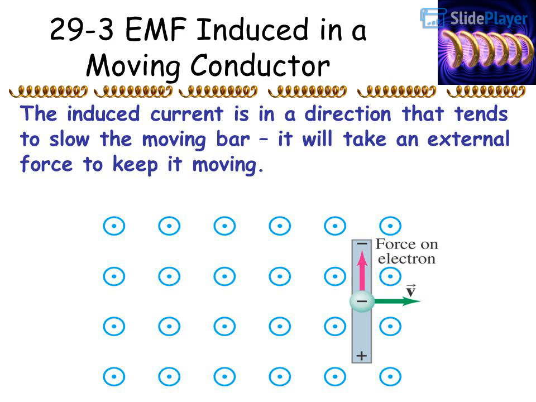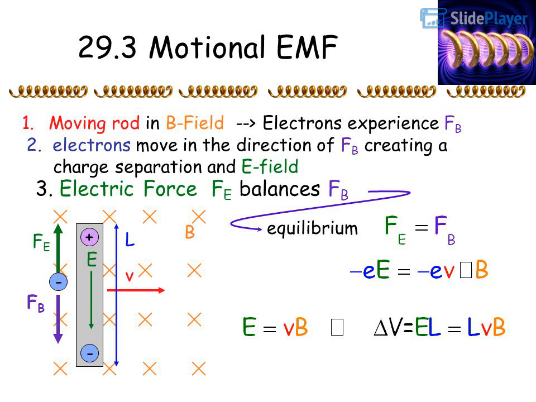Figure 29-12b. Upward force on an electron in the metal rod, moving to the right, due to B pointing out of the page. 29.3 Motional EMF. 1. Moving rod in B field, electrons experience FB. 2.